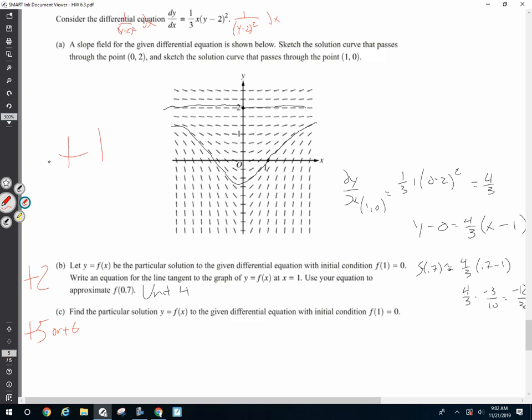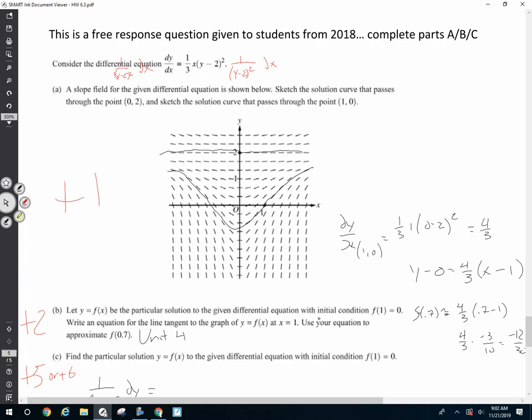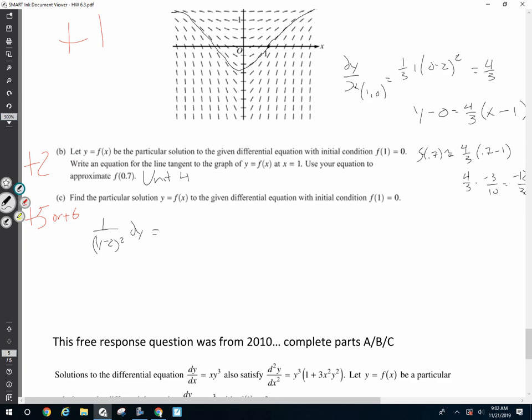All right, so this is what I get. For 1 point, 1 over y minus 2 squared dy equals 1/3 x dx. That's worth plus 1.